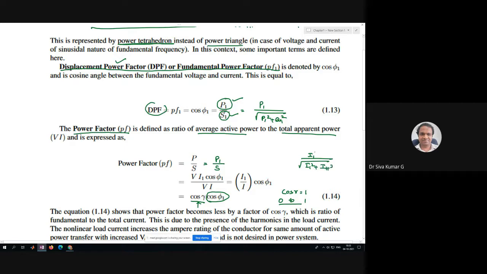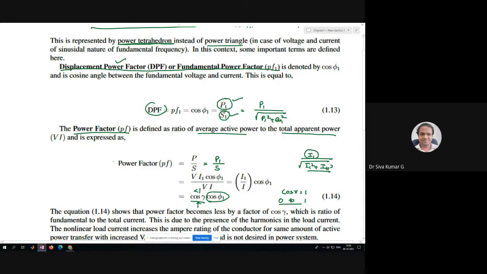Anyway, the numerator is much lower than this particular factor. Then obviously there is a factor which is going to come which is less than 1. If you multiply with the less than 1 here, it is still going to be lesser.